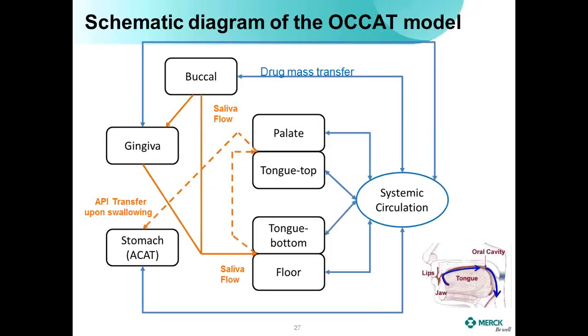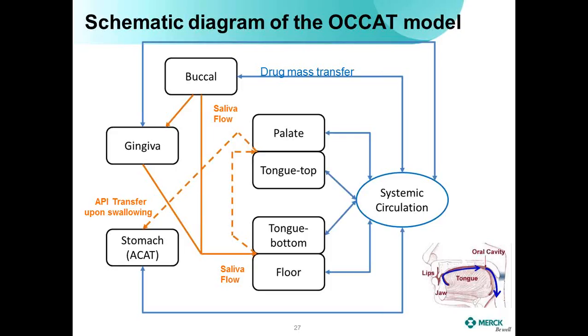So let's go through this schematic diagram of the OCCAT model. This slide shows a schematic of the OCCAT compartment model. The boxes here represent the individual oral cavity compartments, and the blue arrow is the drug exchange between the compartment and the perfusion layer.